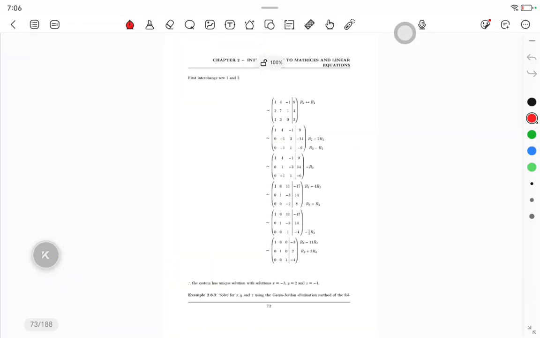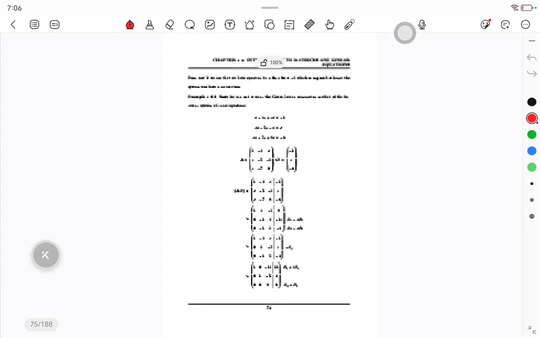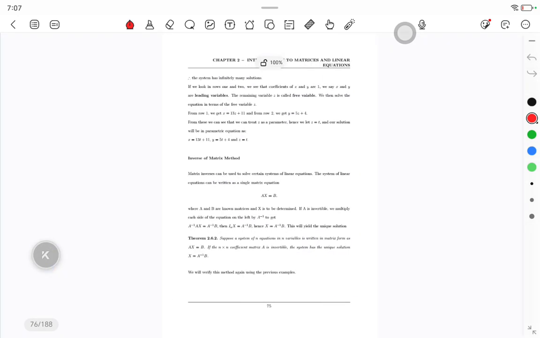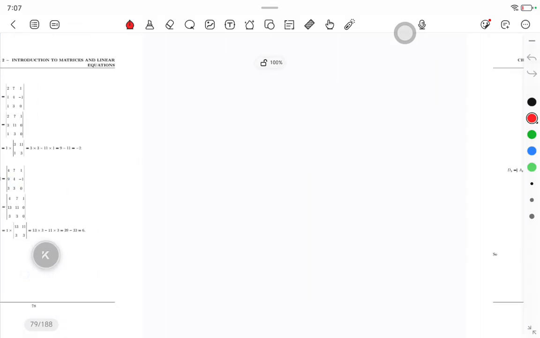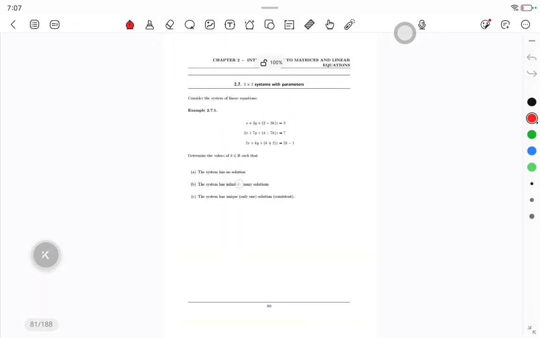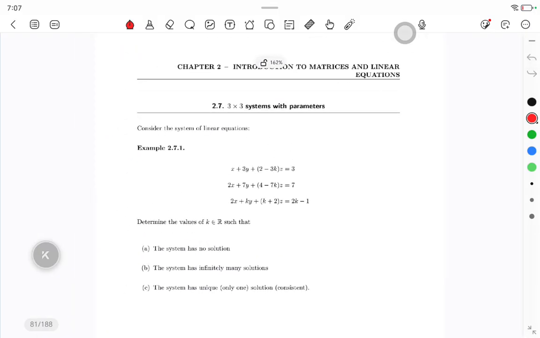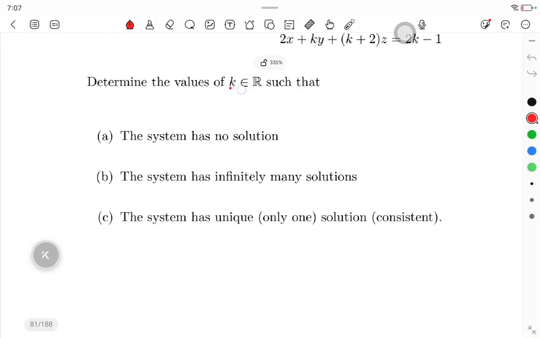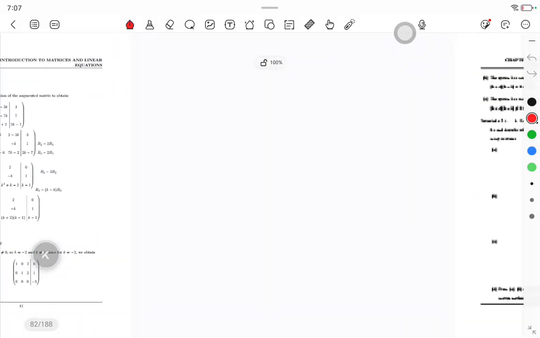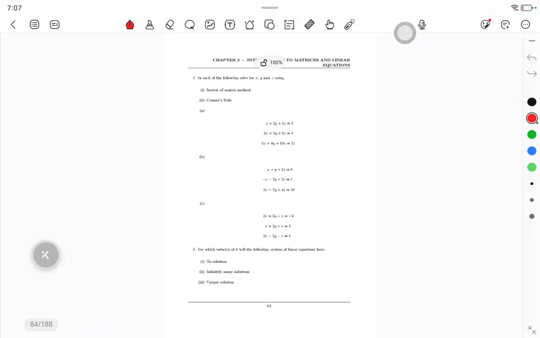So yeah, this will be the last part, guys, and then I think we can stop here. Then tomorrow we'll finish this part, do also Cramer's rule, so that when we meet again the upcoming week, we just do the 3x3 systems with parameters, where we have to focus more on these unknown constants. All right, then that will be the last part of matrices.